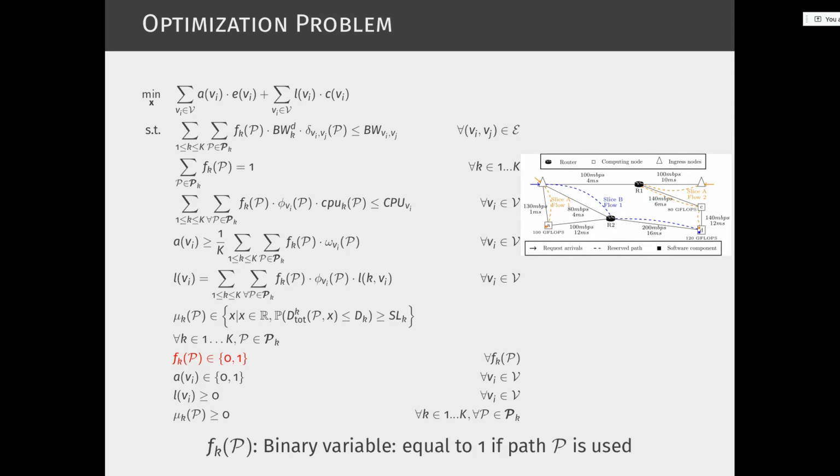For example, in this example, if this path is used, the variable that corresponds to it will be equal to 1, and the variable corresponding to this one would be equal to 0. Then we have binary variables, A, that tell you if a node is turned on or off. For example, R1 is on here, and basically all the nodes are on here because all the nodes have a path passing through them.